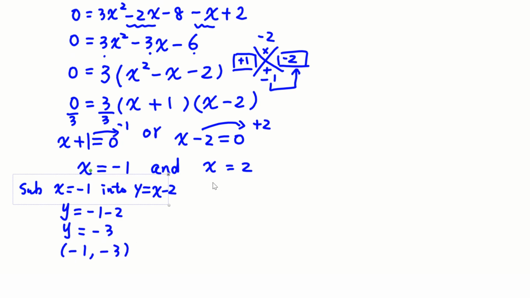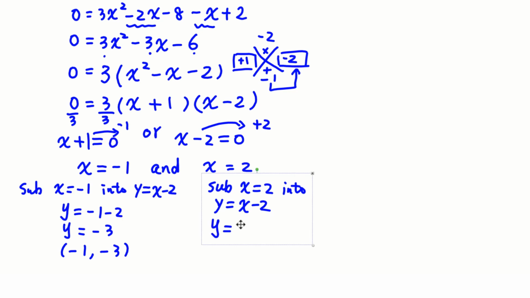And do the same thing, sub x equals 2 into y equals x minus 2. Then you will have y equals 2 minus 2, which gives you y equals 0. So another point is (2, 0). And these are the two solutions.